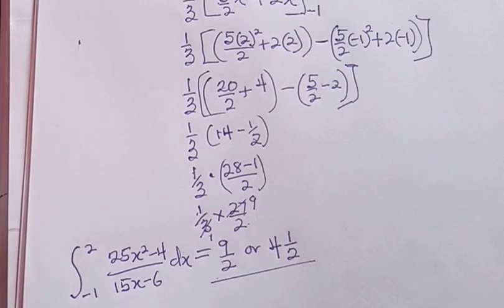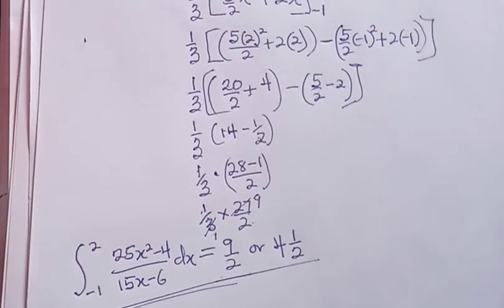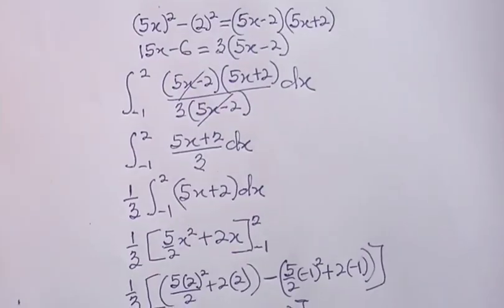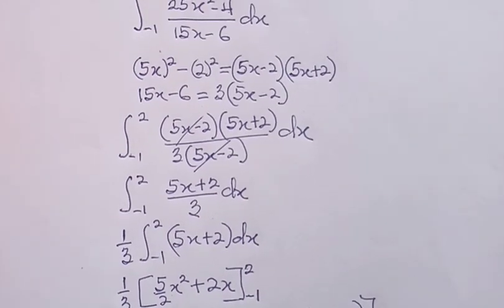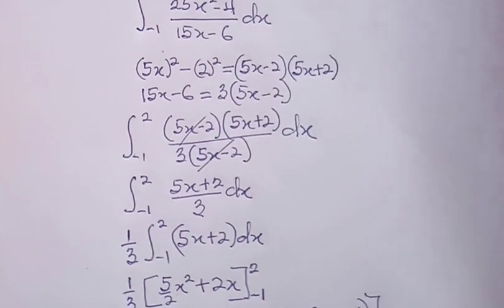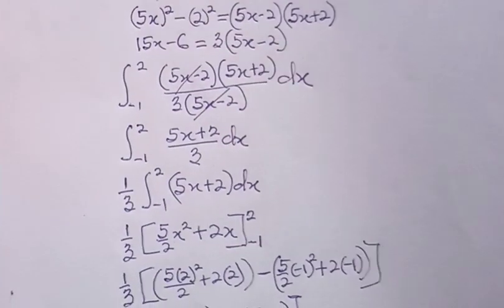So this is our answer. Very simple. When you are given such a question, this is how you go about it. If you see it, you may think it's so difficult, but looking at how we went through the solution, you see that it's very, very simple.